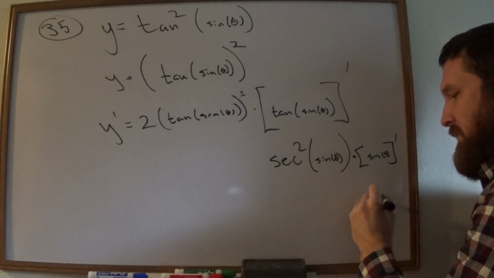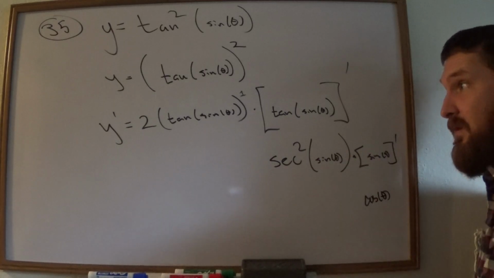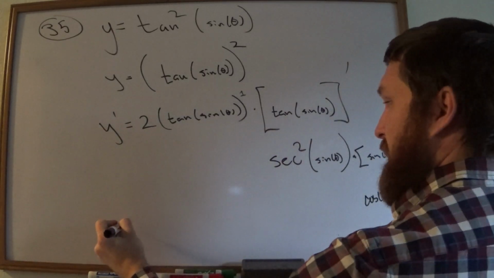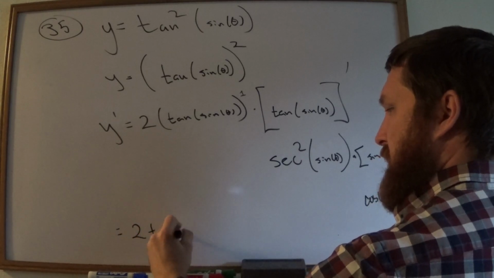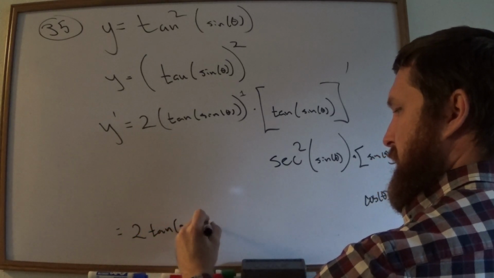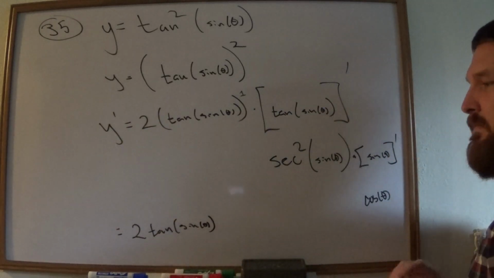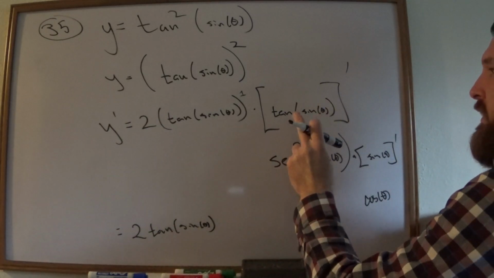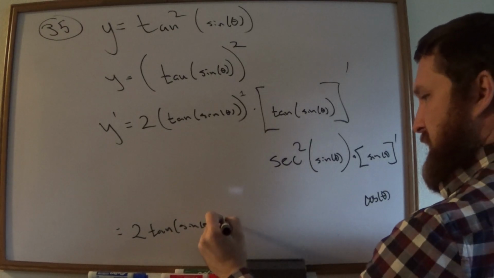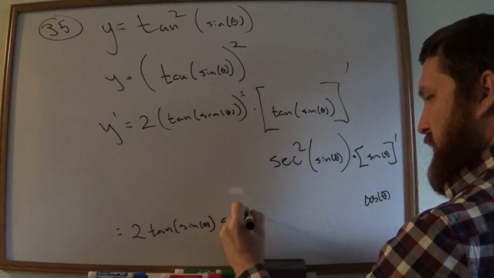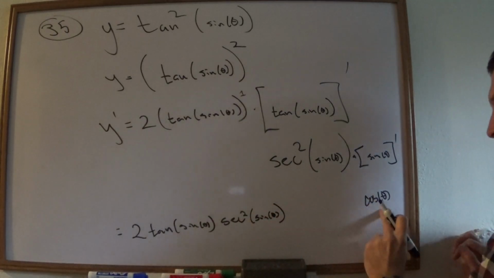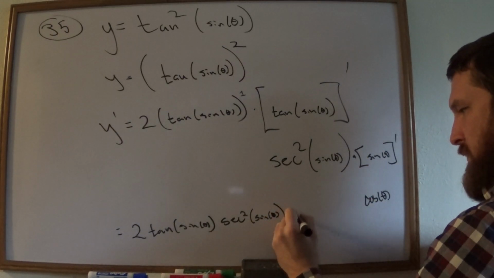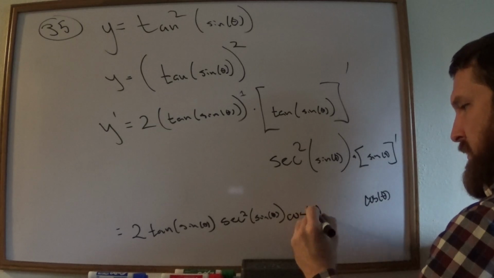So putting this all together, we have 2 tan of sine theta, raised to the first power, so I'm not going to bother. Then the derivative of this, which is secant squared of sine theta, times cosine theta.